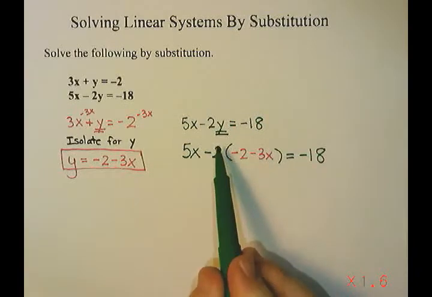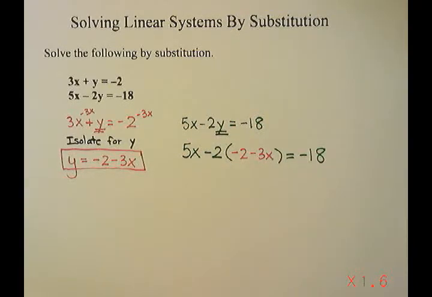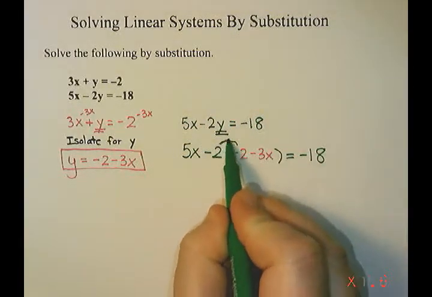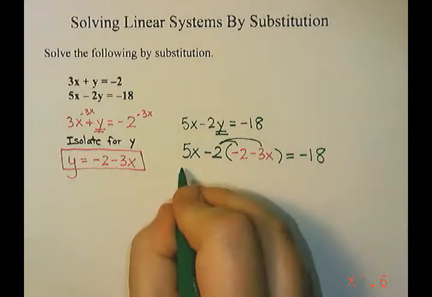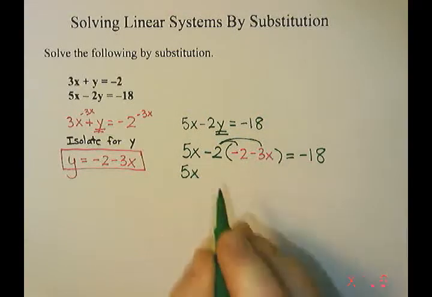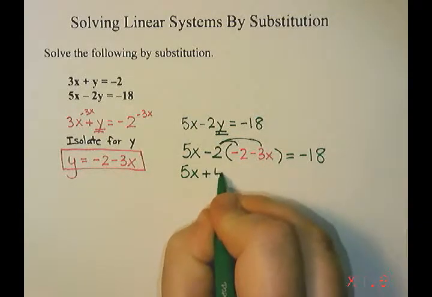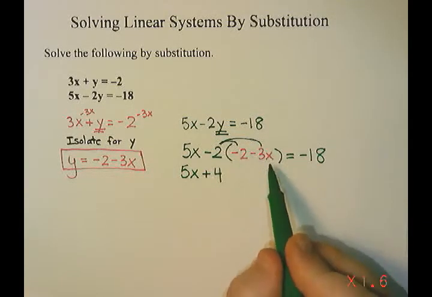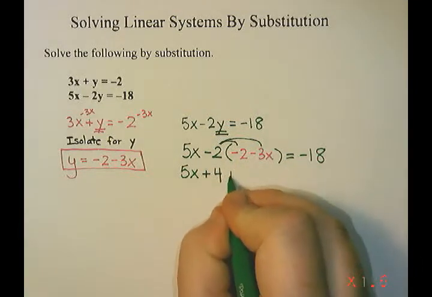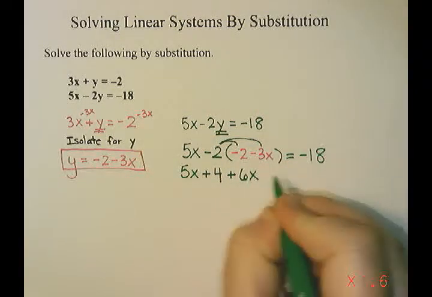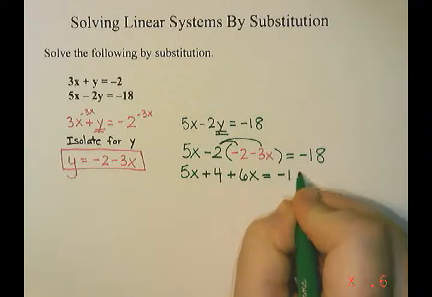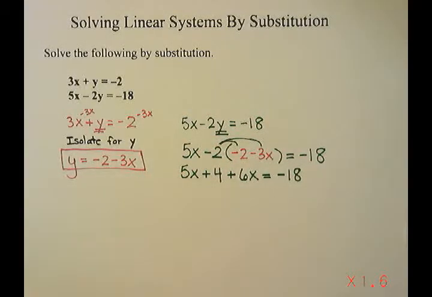So I do notice that there are brackets here. So the first thing I'm going to do is distribute the -2 into the bracket. So I have 5x. -2 times -2 is +4. And then -2 times -3 is +6x. And that still equals -18.